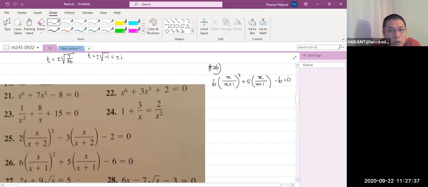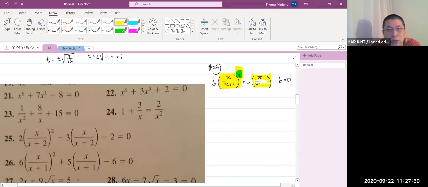Okay, of course, if you try to attack these questions head on, no way, there's no way to do that. But you notice that this variable here, the variable part of this term, is the square of this variable part, right? Do you notice that?